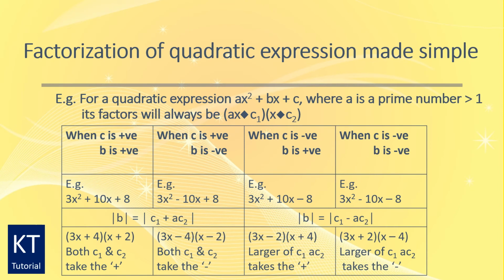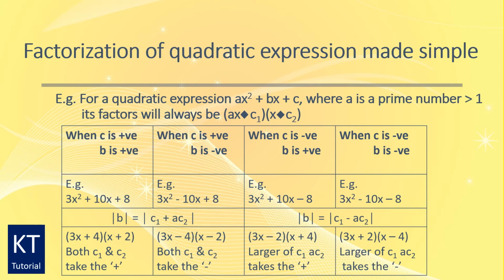In the third scenario, where a no longer is 1, but is a prime number, its factors will always be the product of ax symbol c1 and x symbol c2. Looking at its column 1, when c is positive and b is positive, both its c1 and c2 will take on the symbol of positive.